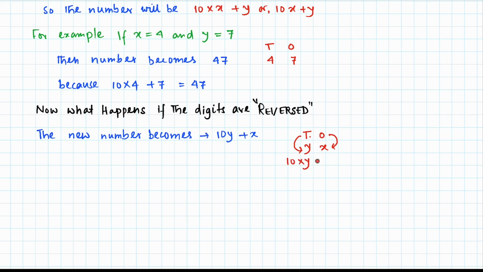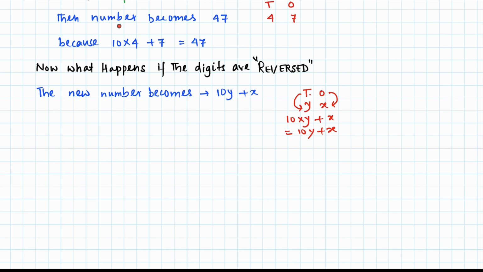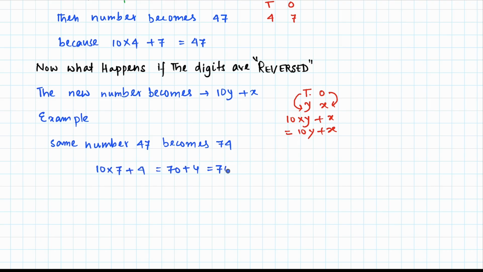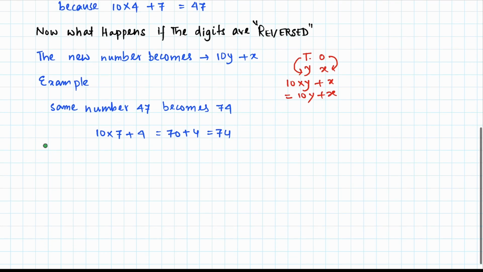Now in the tens place it is y and in the ones place it is x. So it becomes 10y plus x. With the above example, the number 47 becomes 74, that is 10 times 7 plus 4, 70 plus 4, 74.